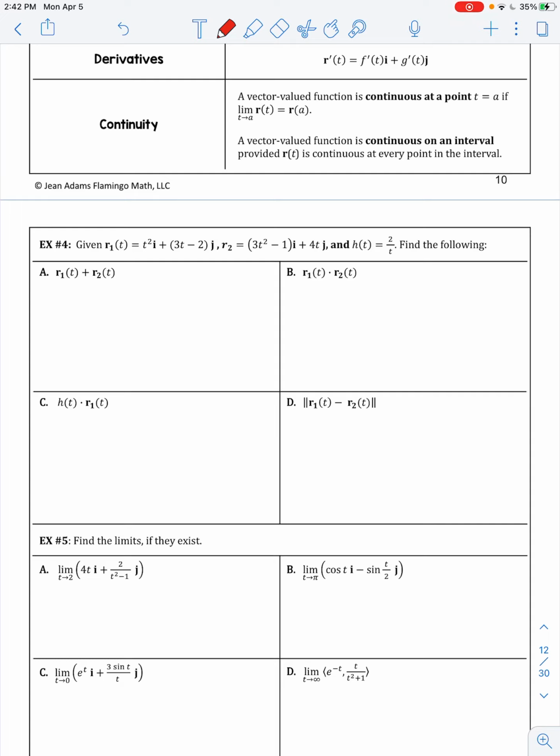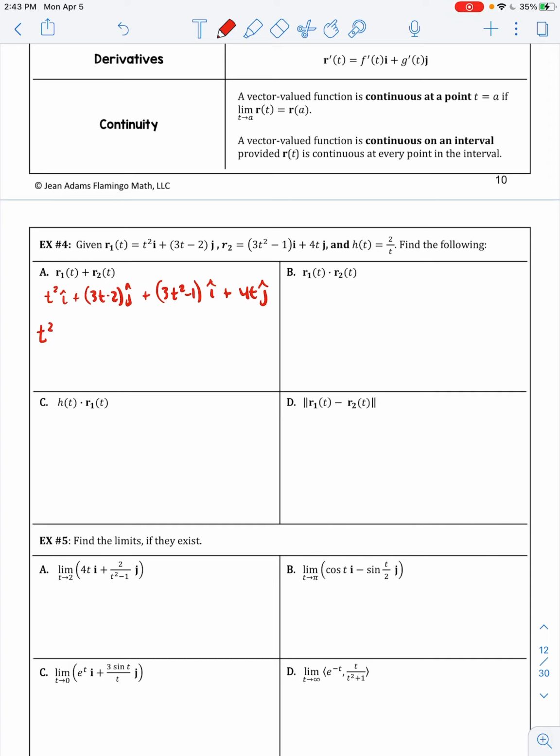And remember we said that if we take our r1 of t, which is our t squared i plus 3t minus 2 j, and add it to our 3t squared minus 1 i plus 4t j, that I could add the parts that are the i.